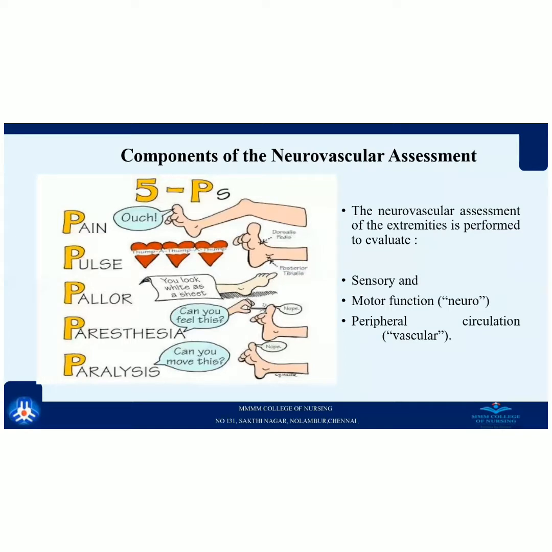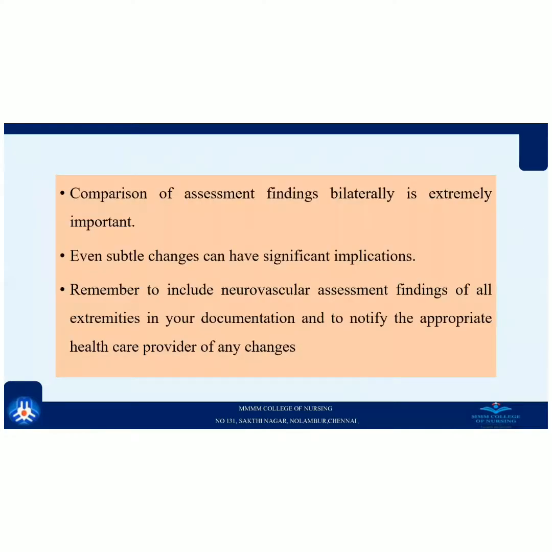Before going into the complete assessment of these 5 components, we should keep in mind that comparison of assessment findings bilaterally is extremely important. Unless the unaffected or normal limb is evaluated, comparing the affected limb findings becomes difficult, because even subtle changes can have significant implications for the prognosis of the patient.